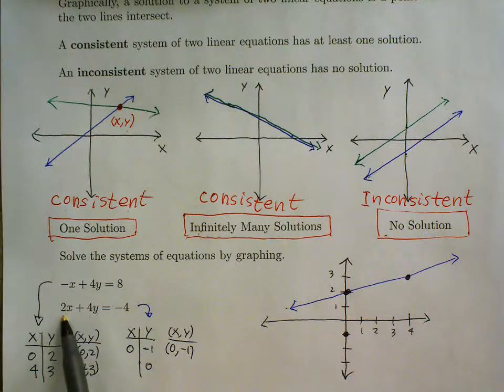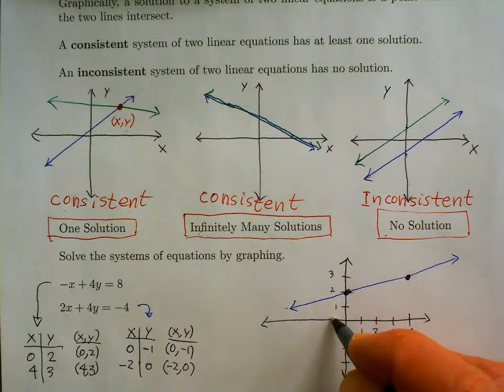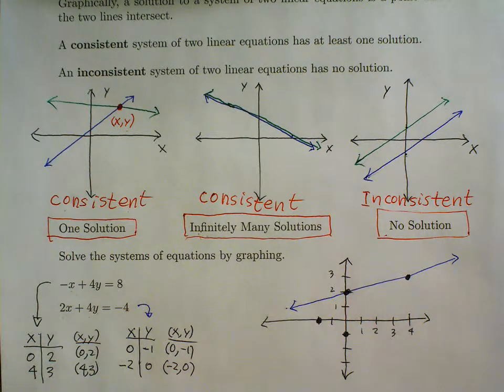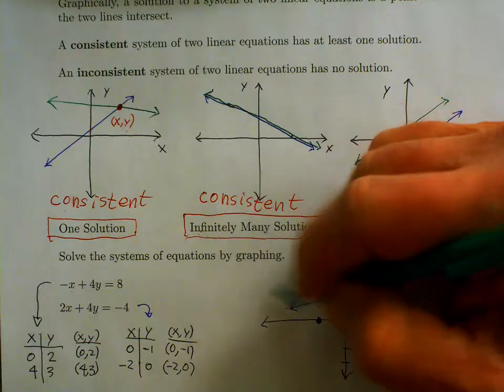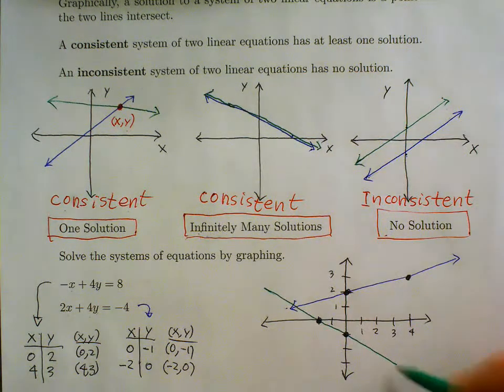And then we have 2x equals -4, so x equals -2. So this is -2, 0. This point. So on this one, I'll use the green ink.